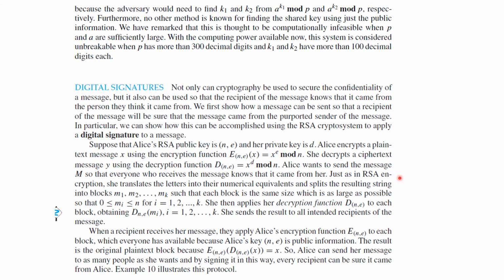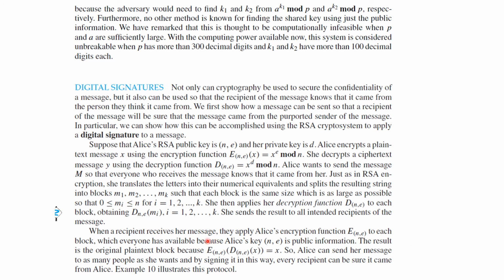Just as in RSA encryption, she translates the letters into their numerical equivalent and splits the resulting string into blocks so that each block has the same size. And then she applies her decryption function to each block, obtaining this. She sends this result.